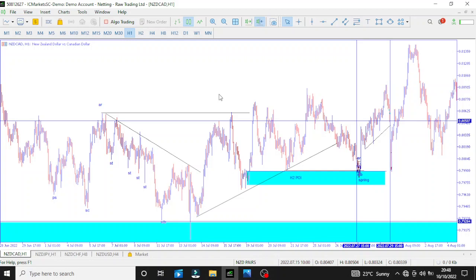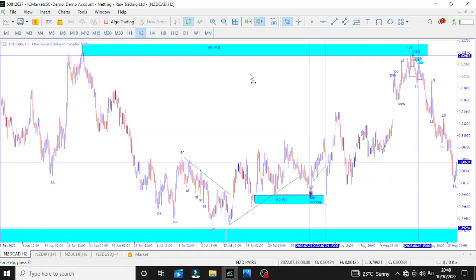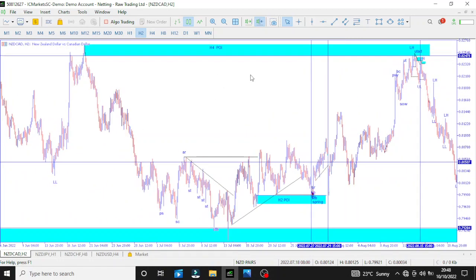But guys, this was one of the not so bad trades, if I can put it that way.